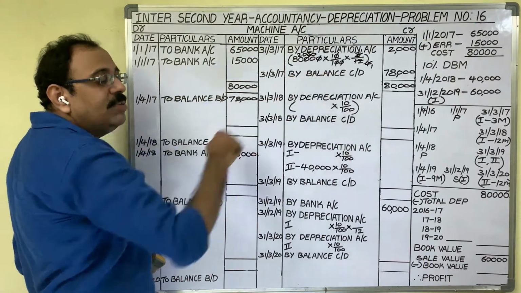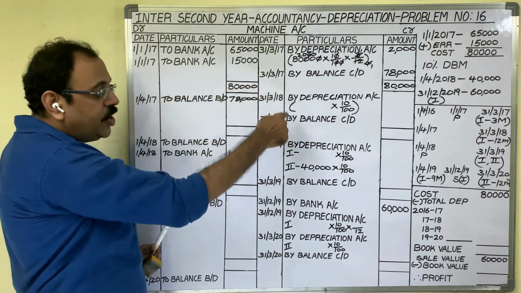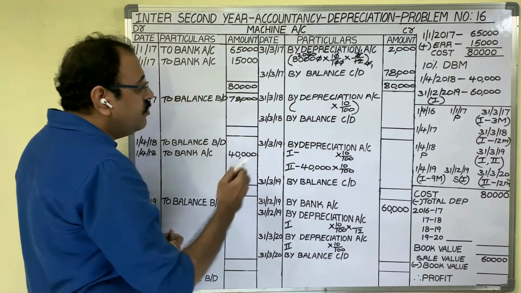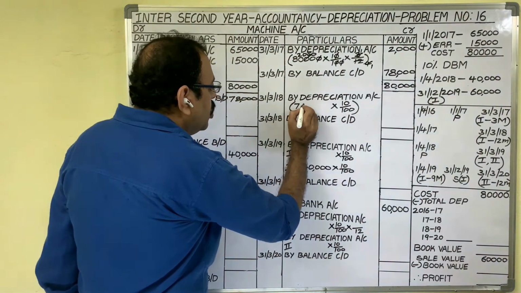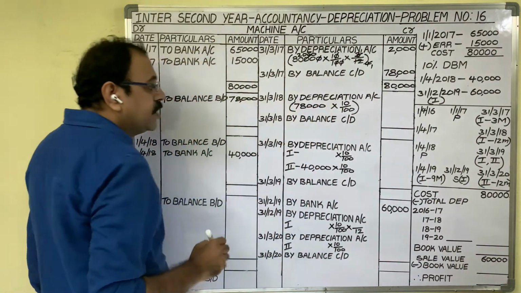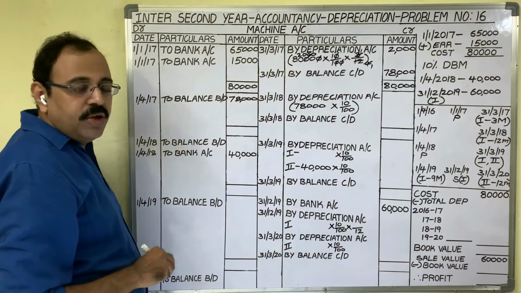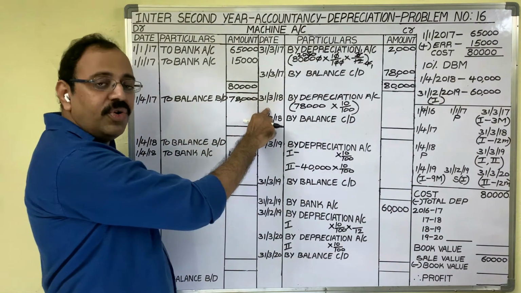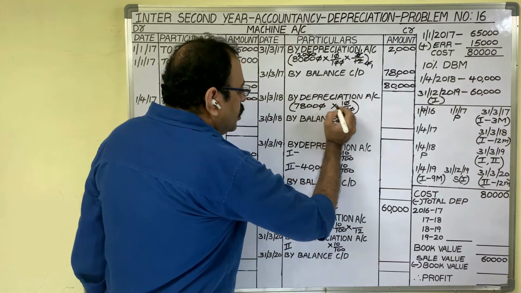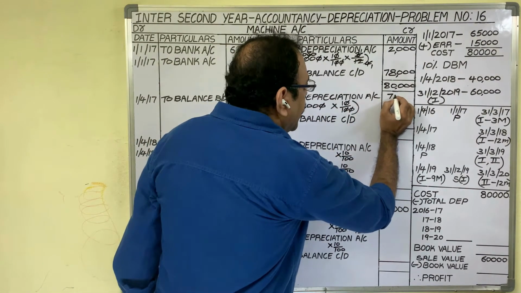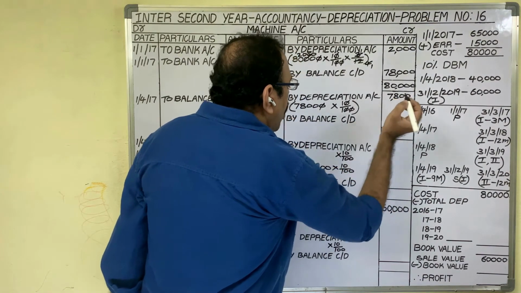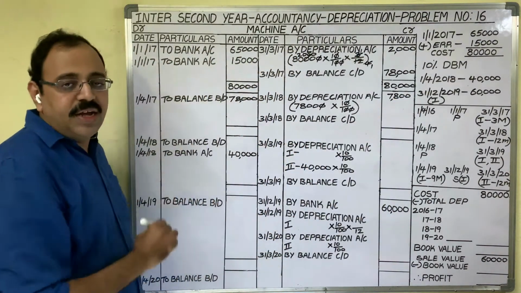As this is diminishing balance method, every year we have to provide the depreciation on opening balances. So on 78,000 rupees, provide 10% depreciation in second year. No need to write any months because asset is used for full year. 7,800 is the depreciation for 12 months on first asset in second year.